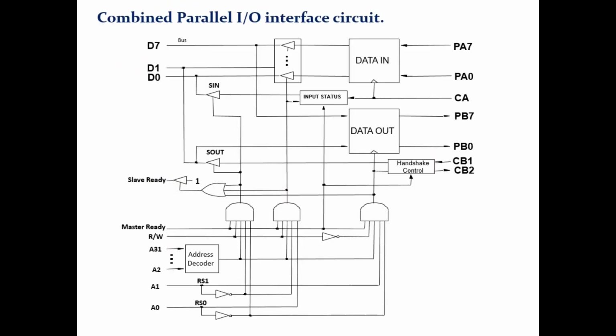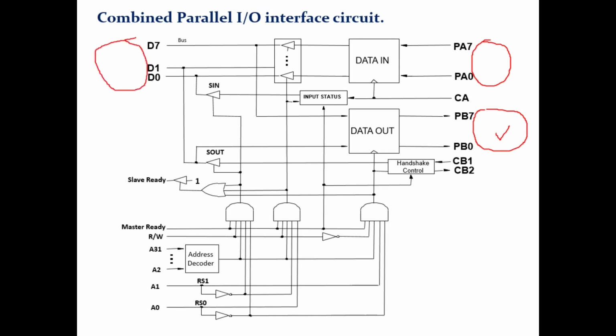This is the combined parallel input output interface circuit, which allows an input device here to send data to the interface circuit and then to the processor, and also allows connecting an output device, where the interface circuit receives data from the processor and gives it to this output device. But the data bus here is only one data bus.